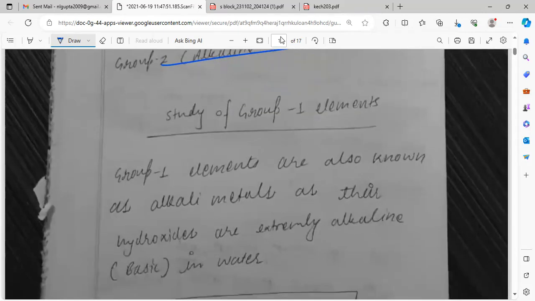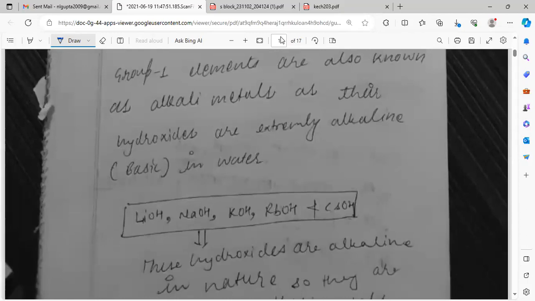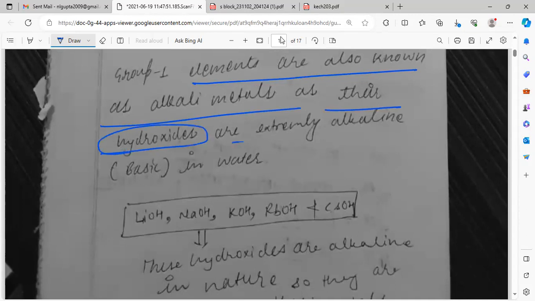Group 1 elements are also known as alkali metals, as their hydroxides are extremely basic in water. Their oxide reacts with water to form hydroxide, which is basic in nature.